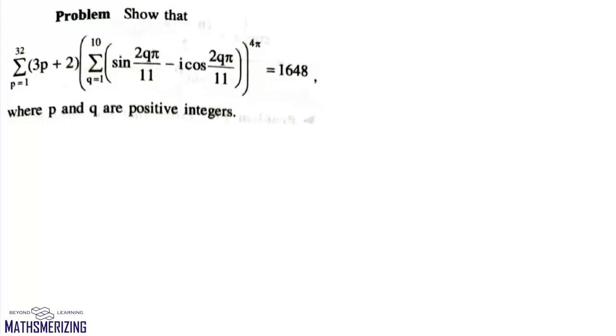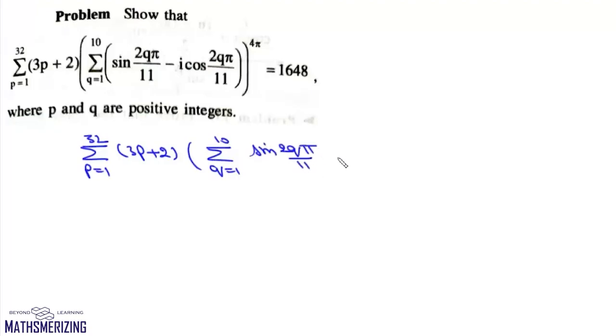Now here the question is, show that this summation P varies from 1 to 32, (3P plus 2) into this summation Q varies from 1 to 10 of (sine 2Q pi by 11 minus iota cos 2Q pi by 11) whole to the power 4 pi is equal to 1648.